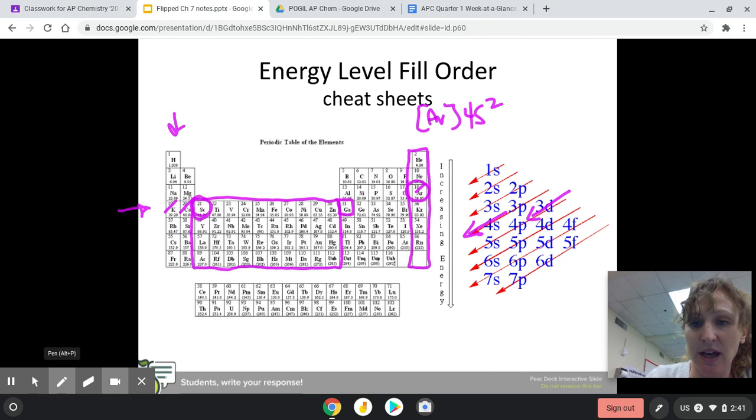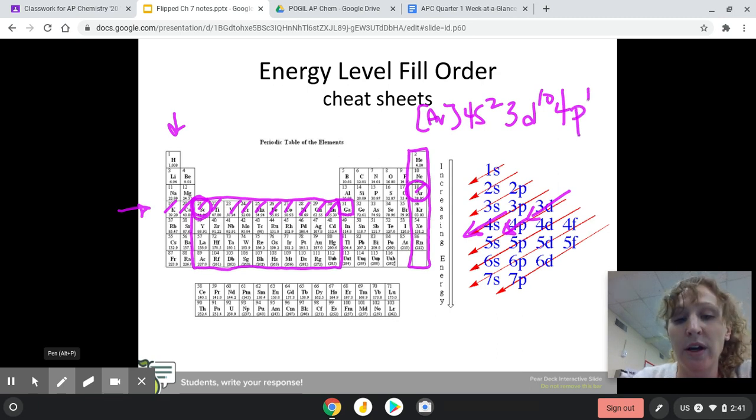So I would have to write that as 3d. And then if I'm counting to gallium, I count over 1, 2, 3, 4, 5, 6, 7, 8, 9, 10. And then gallium is, again, the next one to fill is 4p. So 4, it's in the p block, and it's 1 over in the p block. That would give me gallium.